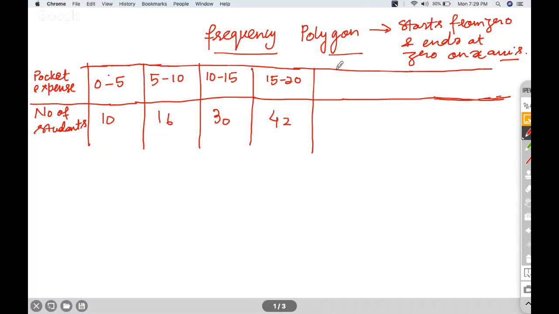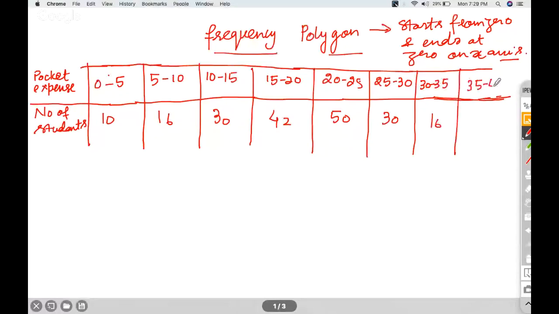Now 20 to 25 is 50, 25 to 30 is 30, 30 to 35 is 16, and 35 to 40 is 12.